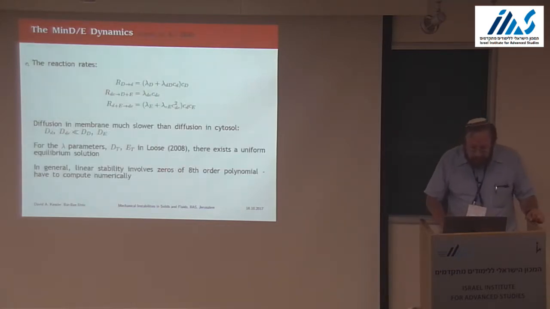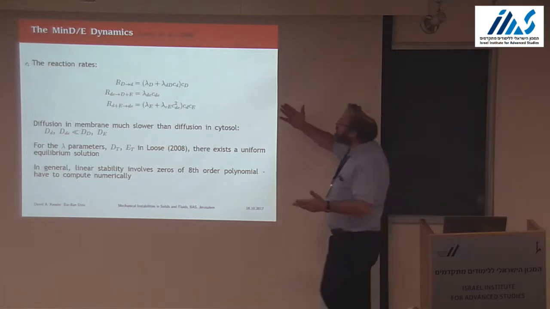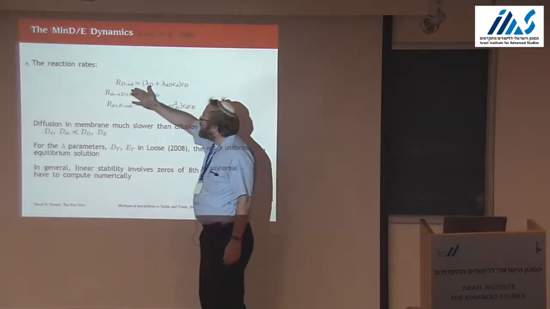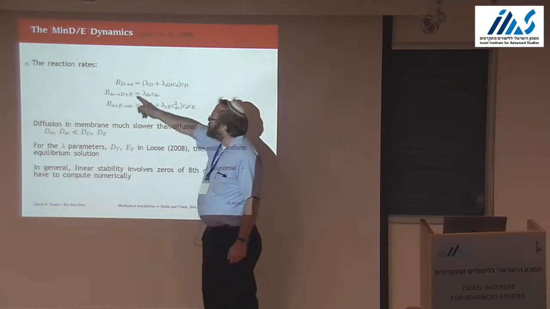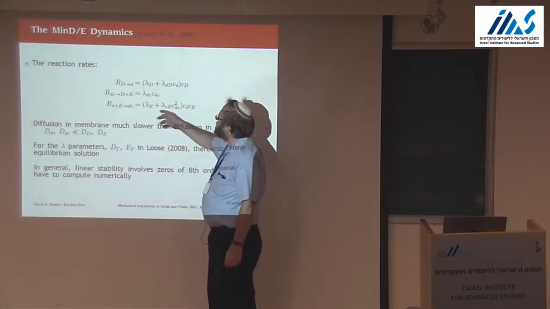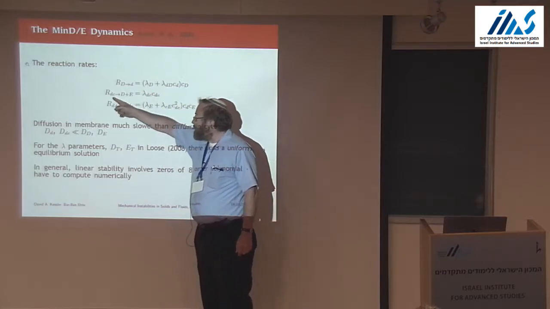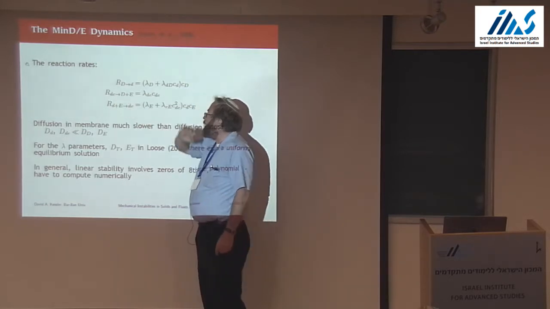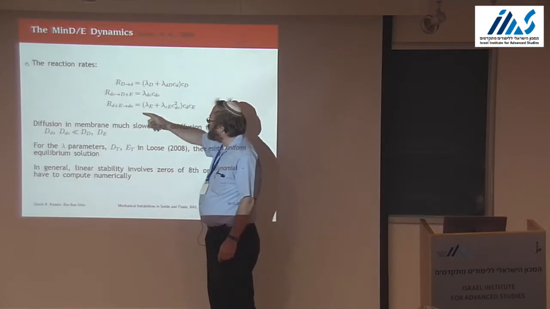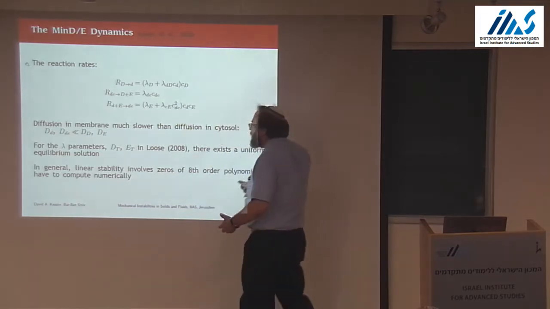All right. And then in this paper by Luce, they write down what the reaction rates are. They're nonlinear, except for the desorption of the DE, the unbinding of the DE to the D and E in the cytosol, but the other ones are nonlinear.